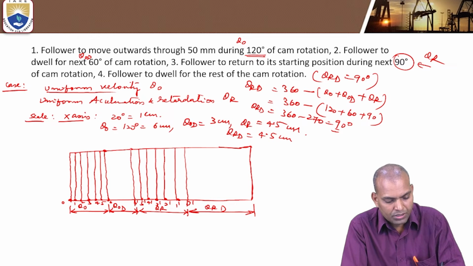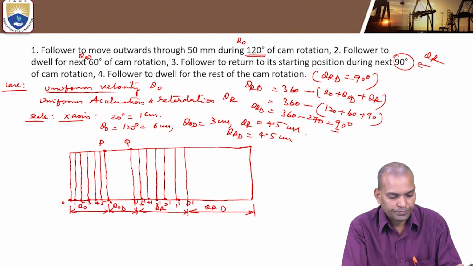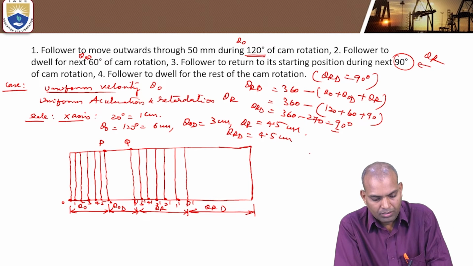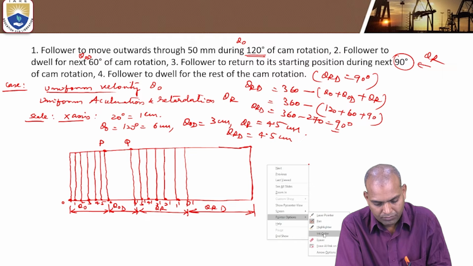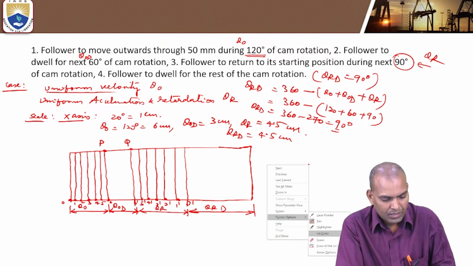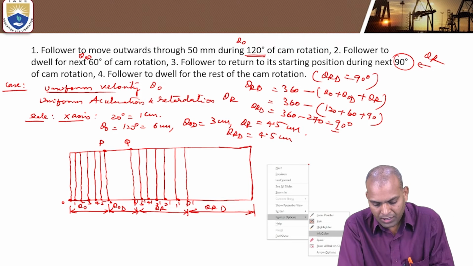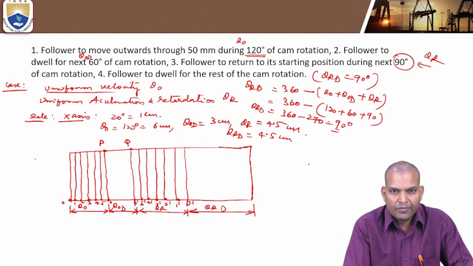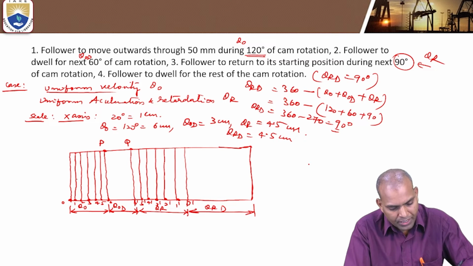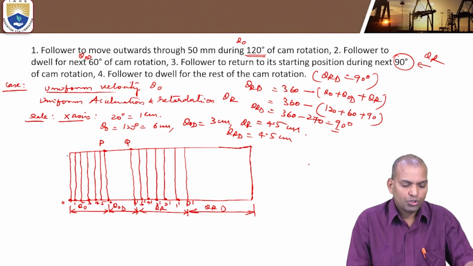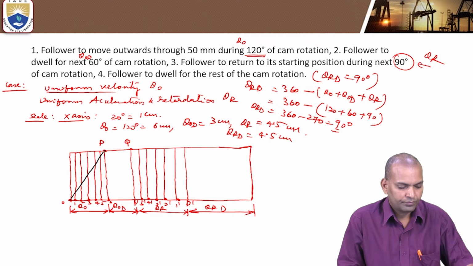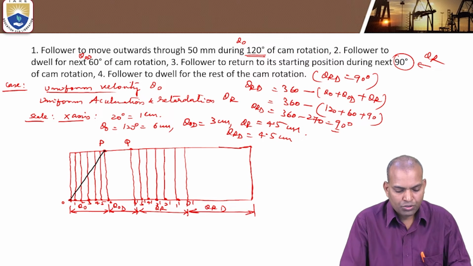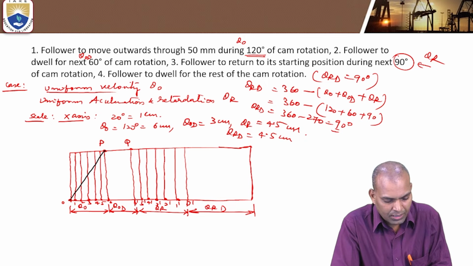These are the top portions P and Q. When the motion is under uniform velocity, it is a straight line. Join O to P. This is the outstroke portion, and it is PQ.